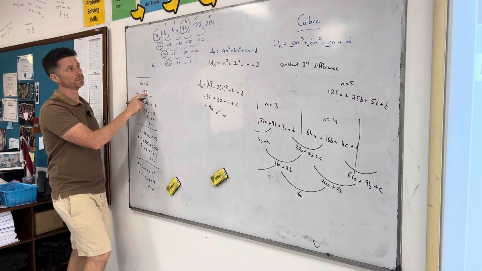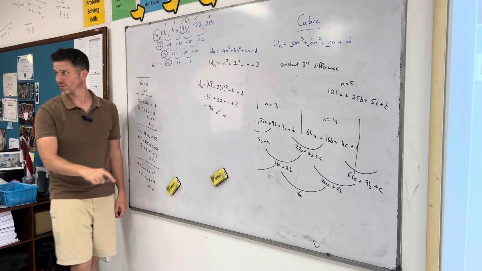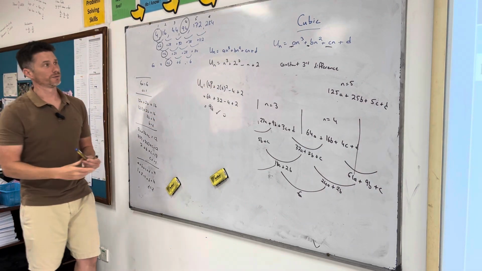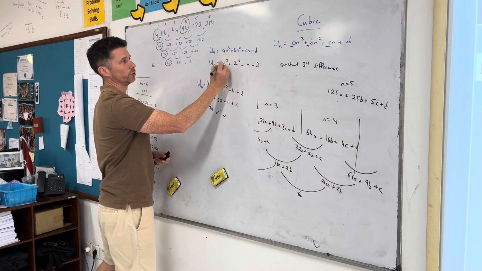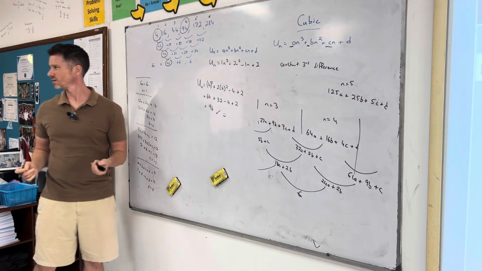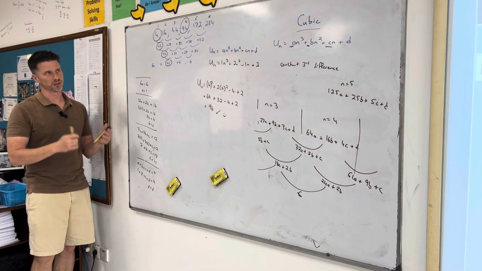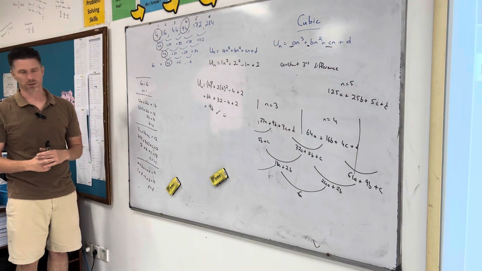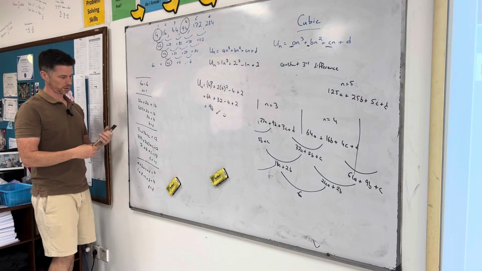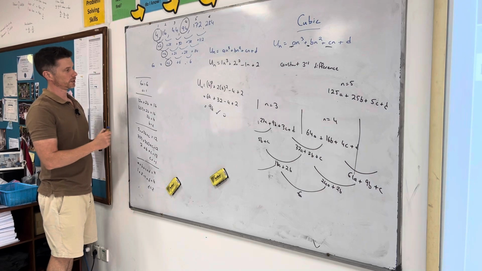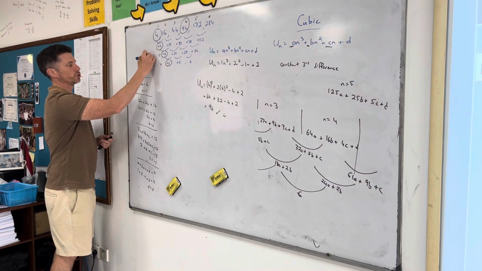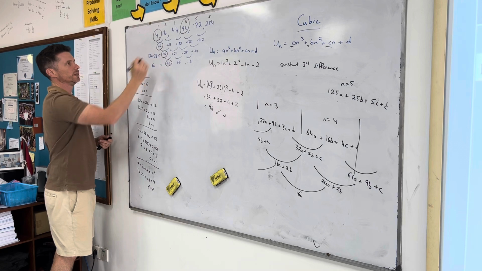So a was 1, and I put a as 1, but I just left it out. For 2 of them, it ended up being 1 and minus 1, but I just put it in as no number. But you can put in 1 if you want. And then the second one equals 12a plus 2b.